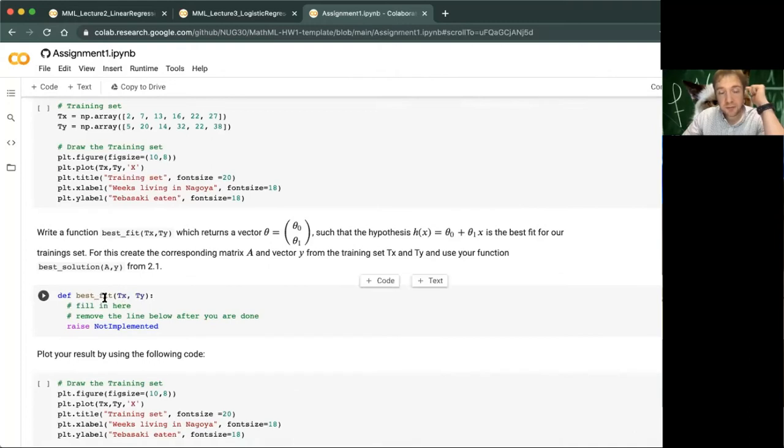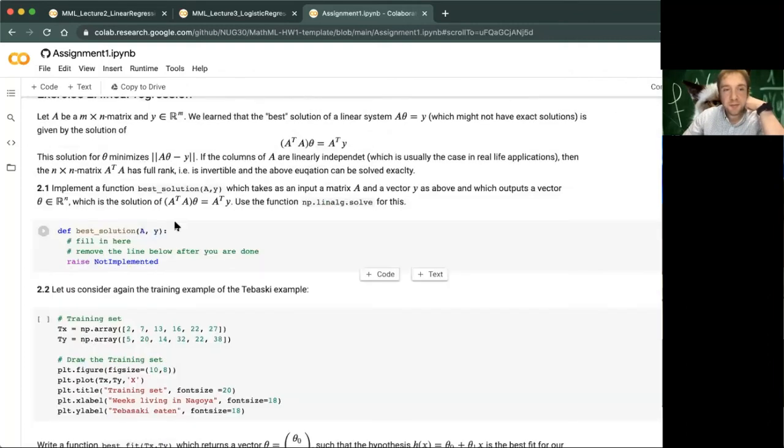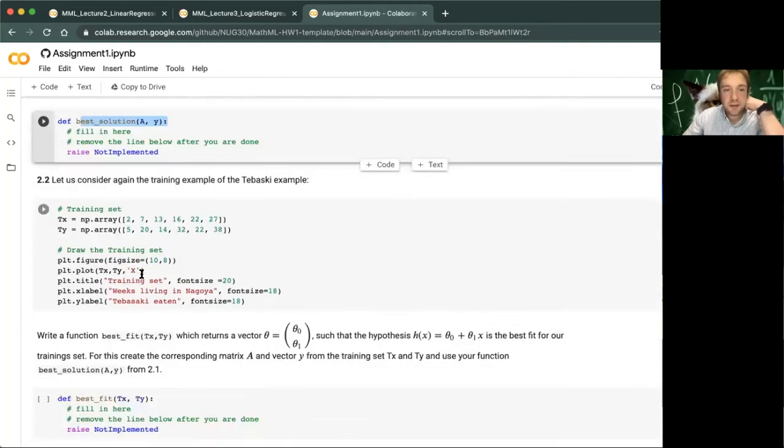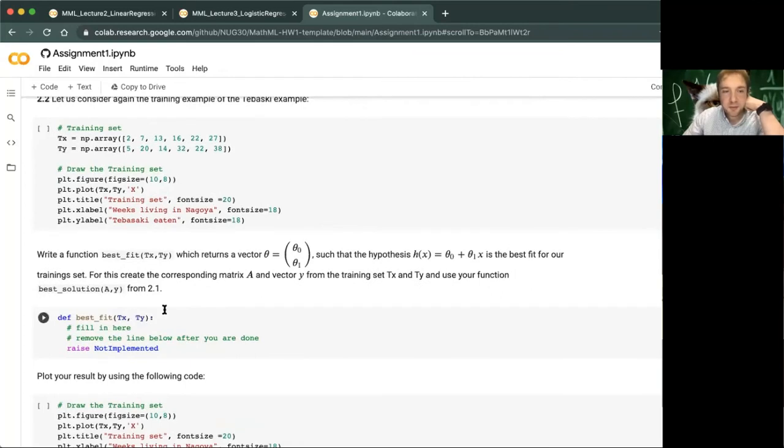And then the next exercise is to write the function best fit, where as an input you get data, the X values, the features, and the Y values, the labels. And then using your best solution function, you should find the best possible theta. So in this case you should have an output theta 0 and theta 1.